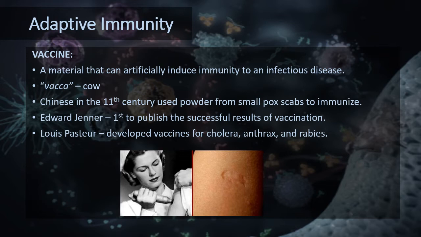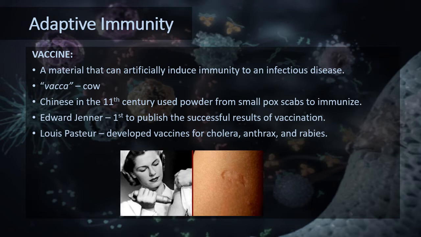It was then believed that milkmaids never got smallpox. So Edward Jenner developed a vaccine from the materials and lesions of cowpox and inoculated it to the locals. He then was first to publish the successful results of vaccination.